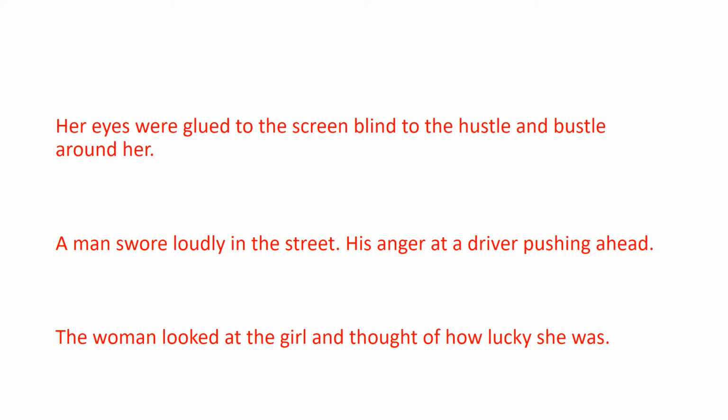And then when it gets to this point, you can start thinking about, how am I going to link these together? So maybe the girl in the opening paragraph is glued to her phone, but she hears the man swearing. And that's what makes her look up, and she looks out at the window, and she sees what's outside the bus.